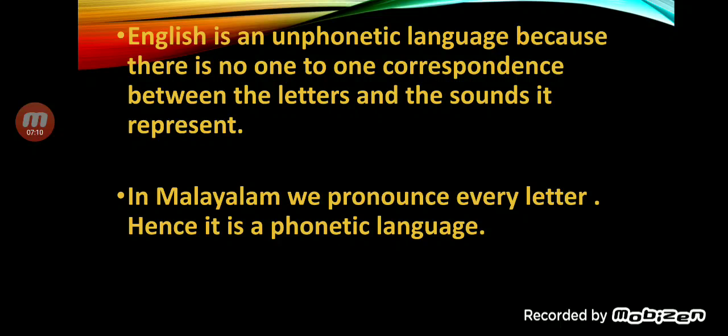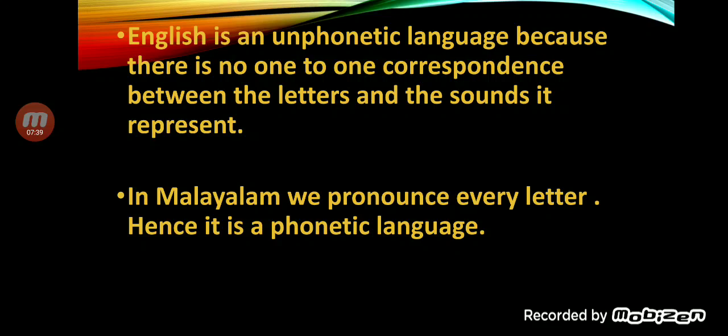So there is no one-to-one correspondence between the letters and the sounds. So it is totally unphonetic. Unphonetic means there is no match between the letter and the sound. Sometimes it is silent. For example, in whistle, W-H-I-S-T-L-E, T is silent. No? We never say whistle with a T. In tsunami, T is silent.